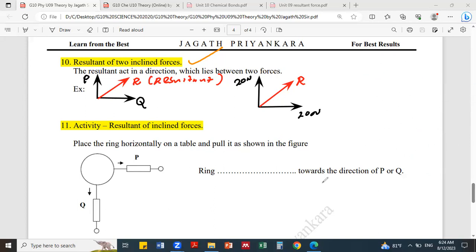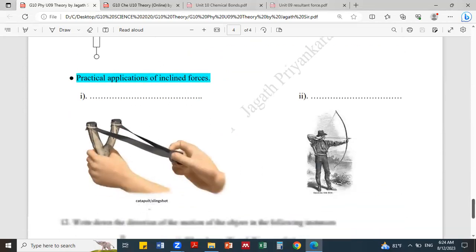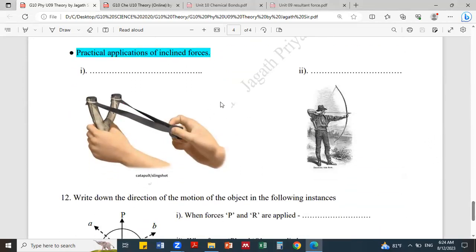Okay. Then the activity also we discussed. Did you finish copying now? Okay. Then the last one, examples.